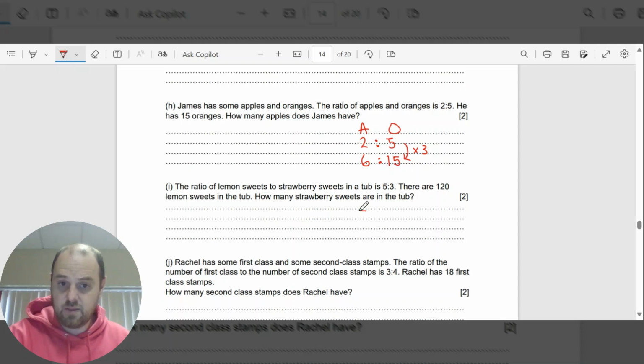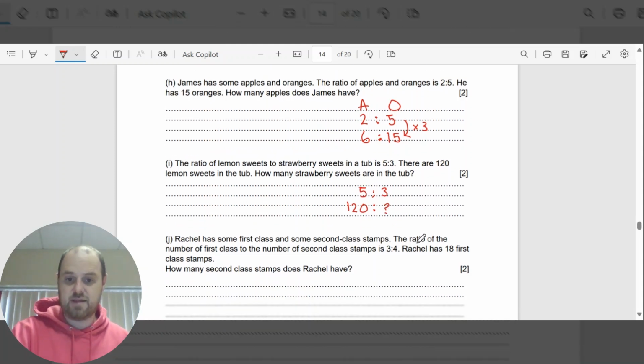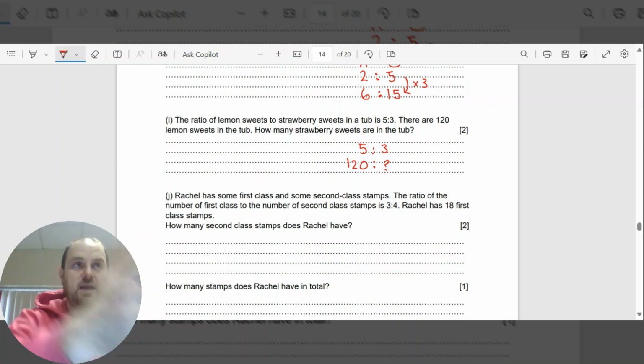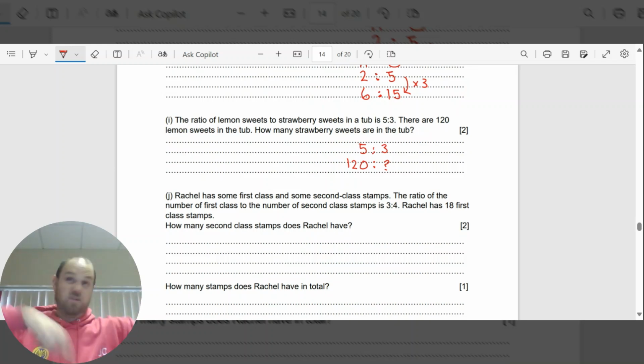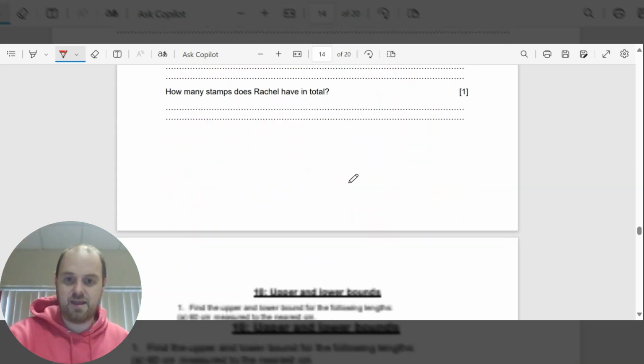Same here. The ratio is 5 to 3, but instead of saying we're sharing 120 sweets, we end up with 120 lemons, and we have to work out how many strawberries. So same with the last one. Read the question. If it says we end up with this many lemons, we end up with this many boys, then that's how to do that.